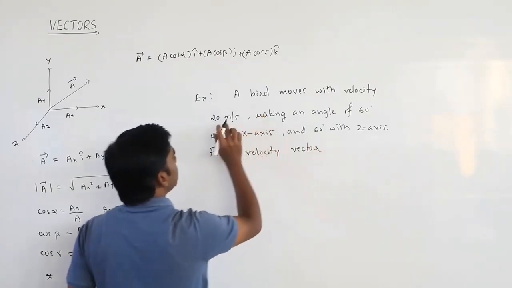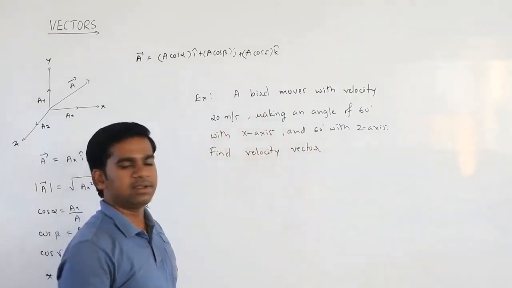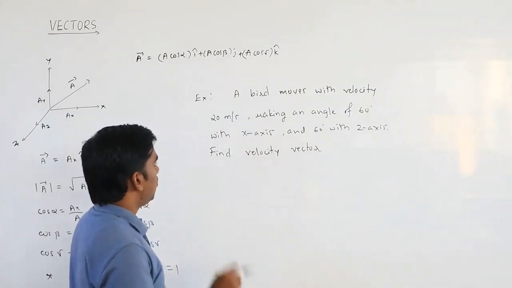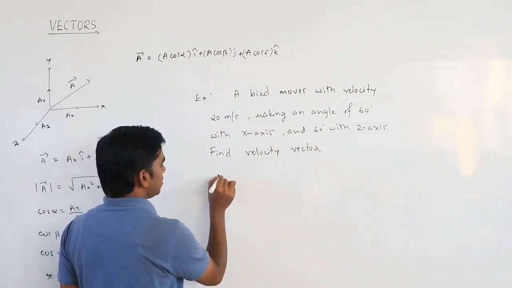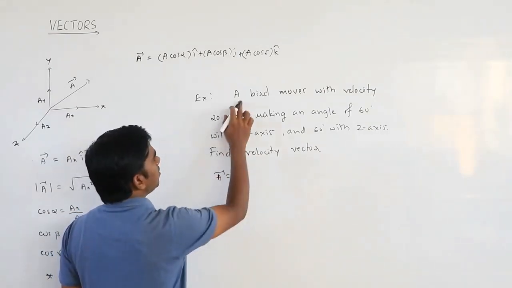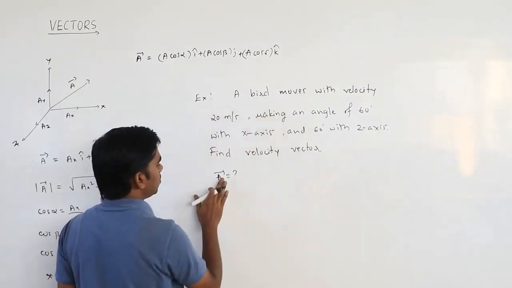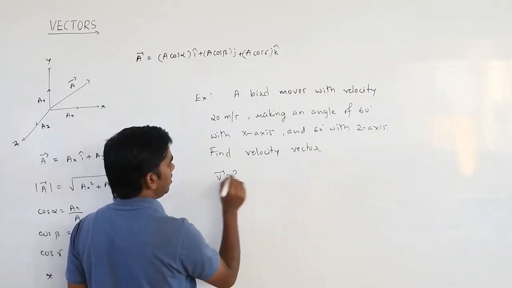They have given the velocity magnitude, A, but they are asking for vector A. Let me take the velocity vector as v.